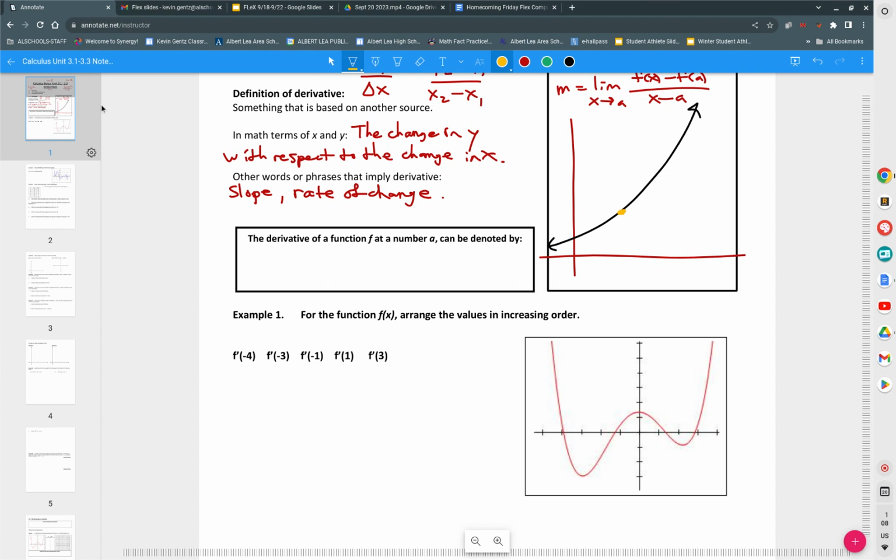So I've got this spot there, and we are going to call that point A. Okay? So that is coordinate A. Who can tell me what this would be then? Don't say L. f of a.